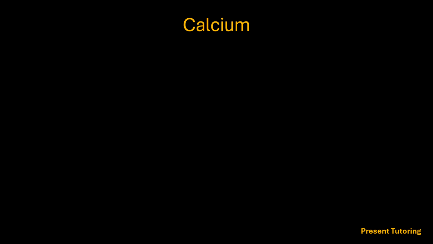Now, calcium. We write that as Ca2+. It is a very critical electrolyte. It's primarily found in the bones and the teeth. That's why you're always meant to drink calcium-fortified milk, or, if you don't have a calcium-heavy diet, you're meant to take supplements so that you can have strong bones and strong teeth.